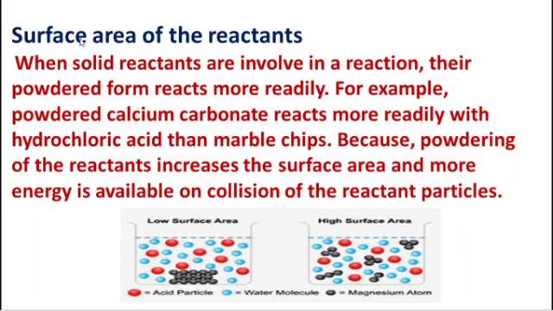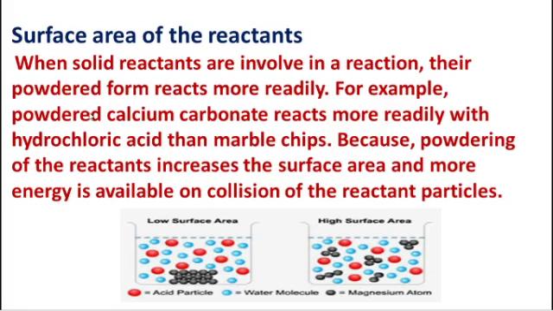And then, surface area of the reactants. How does the surface area of the reactants affect the chemical reaction? When solid reactants are involved in a reaction, their powdered form reacts more readily.